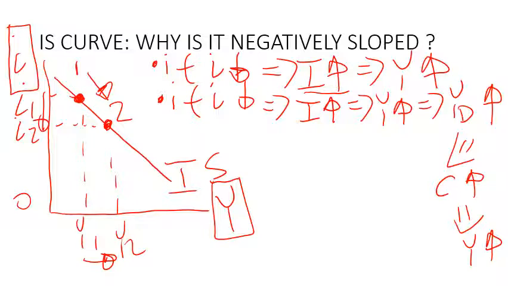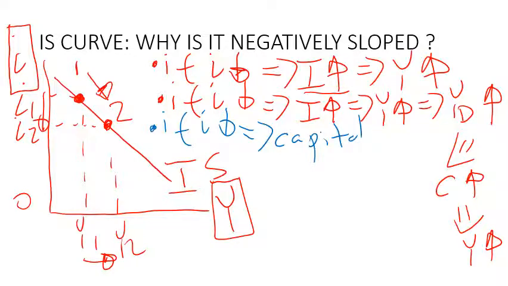Let me use a different color. Blue. Reason 3. If the interest rate decreases, then the question becomes, what happens to international capital flows? Will it be inflows or outflows? It'll be outflows.